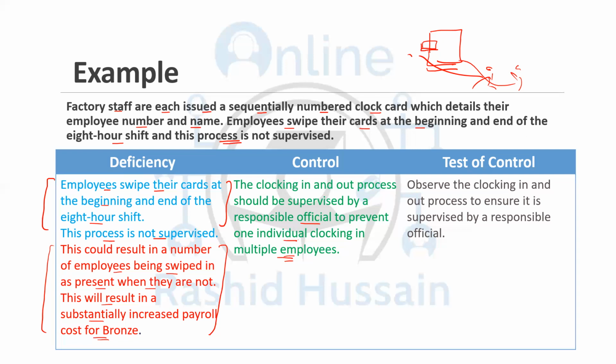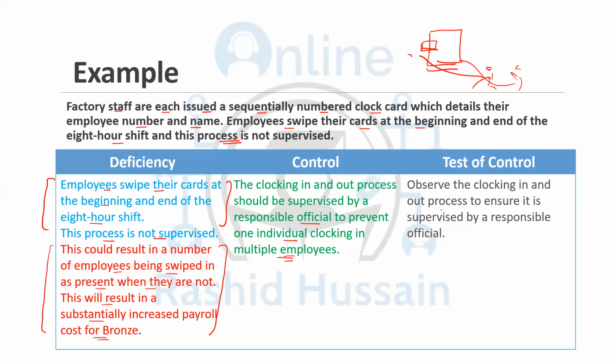If the system is operating effectively, obviously there's going to be a person over there who will be supervising that process. Now, how can I check whether there is an individual over there who is supervising the process? So just go to the entrance door and see whether a person is deployed over there or not.